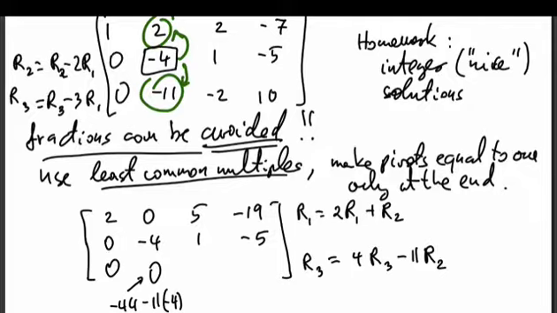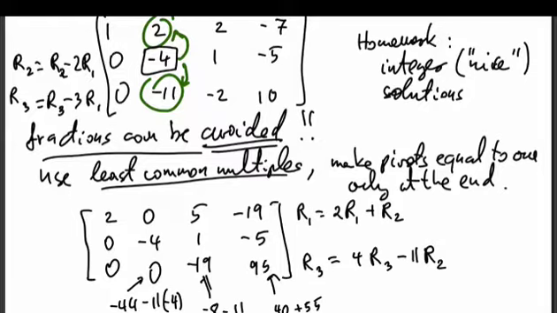It's a little bit tedious now to keep track of what we are multiplying with what. So 4R3, that's minus 8, and minus 11 row 2, that's minus 11, so this is minus 19. Then to get this entry, 4 times R3, so this is 40, minus 5 times minus 11 is plus 55.